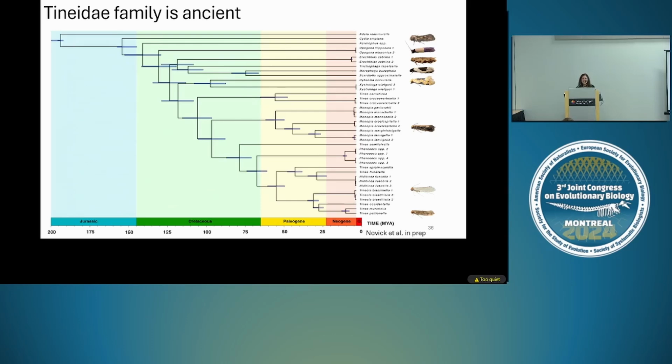But the main message is that the Tiniidae family is super old, really ancient, and diverged about 150 million years ago. And Tiniola diverged about 27 million years ago. Just to put this into context in regards to humans, humans, as we are now, diverged from Neanderthals about 800,000 years ago.